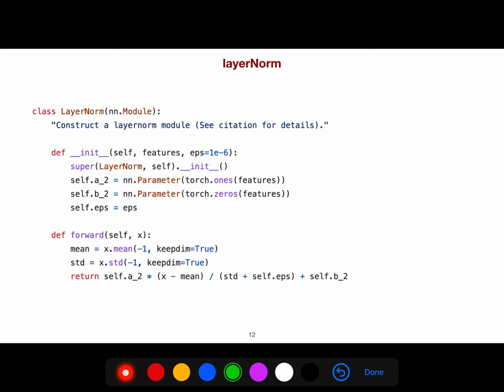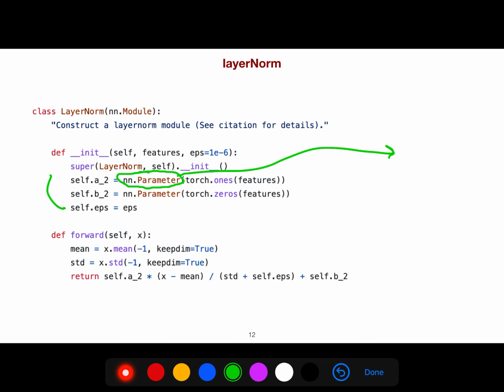So the next component is layer norm. We initialize the parameter. When we say nn.Parameter in PyTorch, it means that you should learn that. It's not a variable, so it's part of the parameters that are being learned.